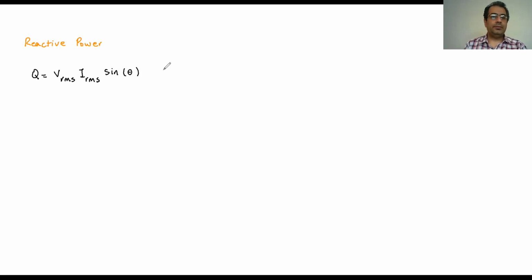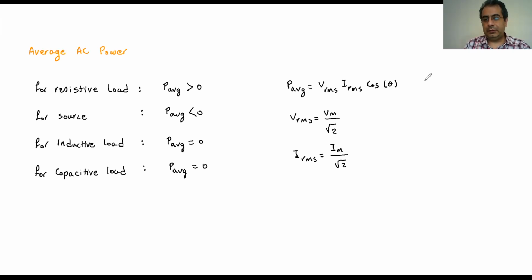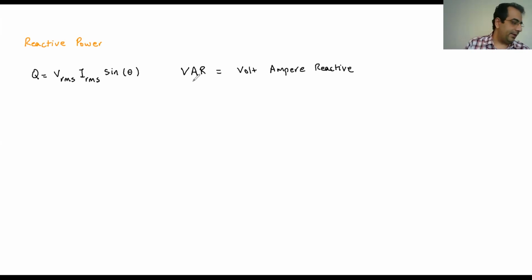Physically they have the same magnitude, but to make sure this reactive power is not confused with the average power, they call the unit the var, which is volt ampere reactive. Here, the unit is watts, and the unit of that is called var, to make sure it's not confused with the average or instantaneous power.